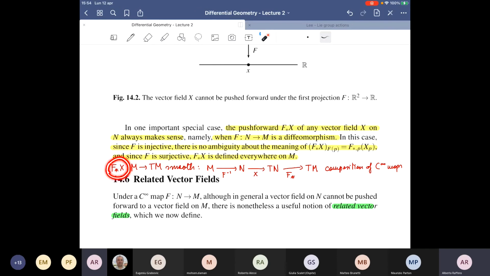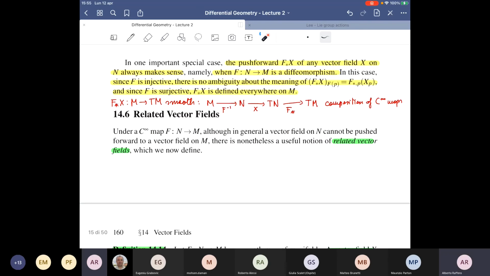And this vector field defined as the push forward of X is then well defined and smooth, as it can be seen as the composition of smooth maps. So in the case when you have a diffeomorphism, it makes sense to define the push forward of a vector field. But in the general case, there are some issues that do not allow you to do this.